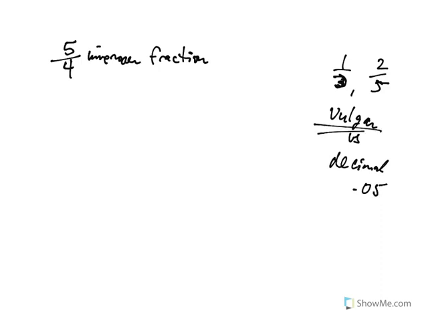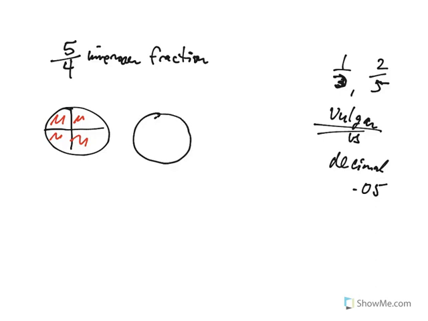Kind of funny, vulgar. Anyway, 5/4, that's where we're cutting a pizza into 4 slices, but we have 5 of them. How could you have more than 4 slices in a 4-slice pizza? Well, 5/4 is a number that's between 1 and 2.